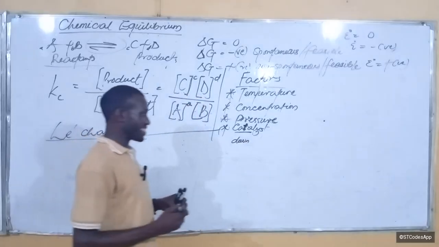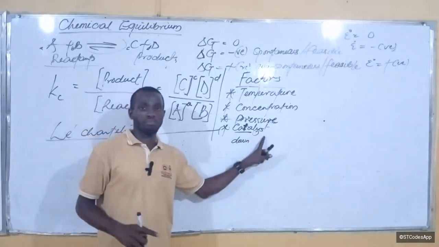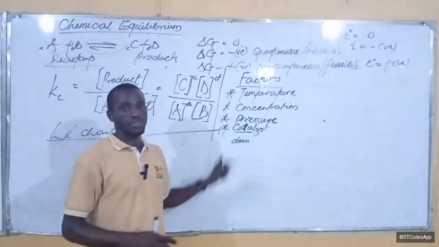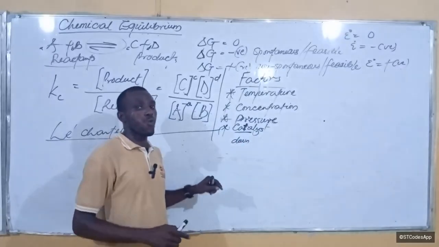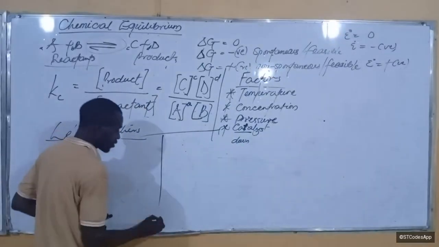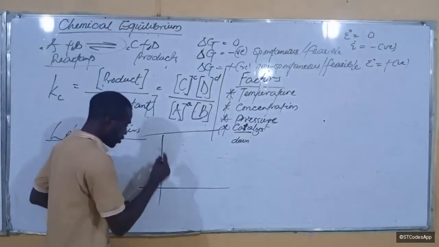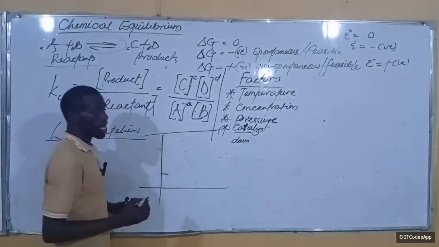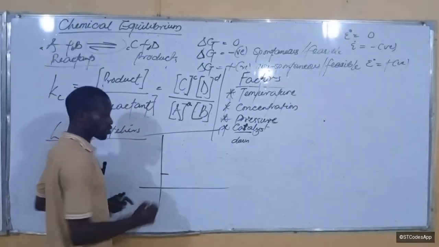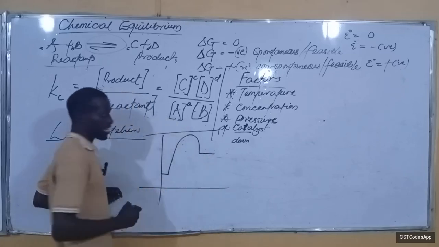So, of course, lyst means break, right? Break down. Actually, how I like my students to remember it is, if you remember your textbook where you were shown the energy profile of a chemical reaction, it starts from a particular amount of heat energy here, which is called enthalpy, and this reaction proceeds right like this.